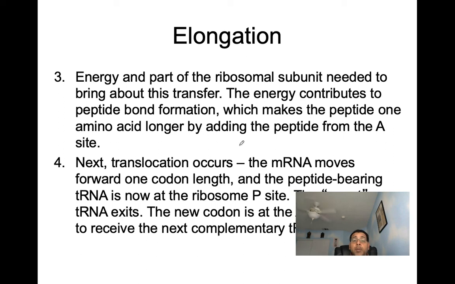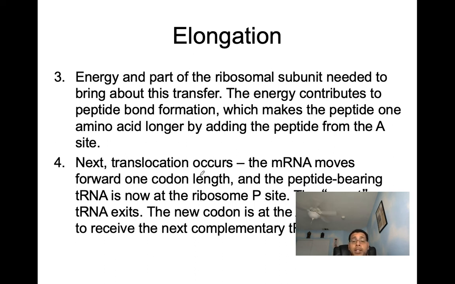The energy contributes to peptide bond formation, which makes the peptide one amino acid longer by adding the peptide from the A site. And number four, we said translocation is going to occur. The mRNA moves forward one codon length, and the peptide-bearing tRNA is now at the ribosome P site.